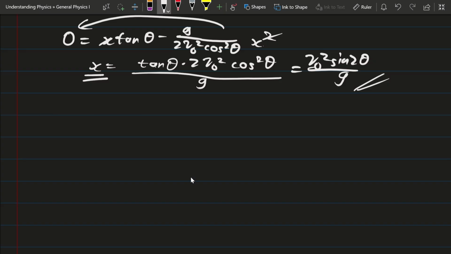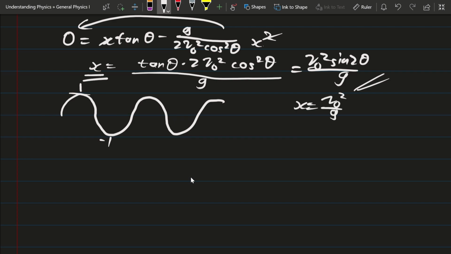So we know sine theta to be a function of something like this. We know a maximum to be 1 or negative 1. But we want to figure out the maximum, therefore we can just assume this to be 1. So we know that the maximum would be v0 squared over g, which is the best case scenario.